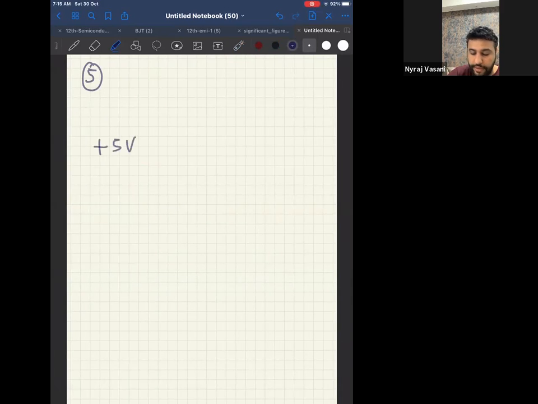So the first diode is... start. This is question number 5, same page, concept application.